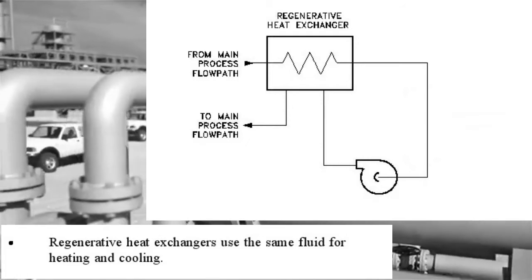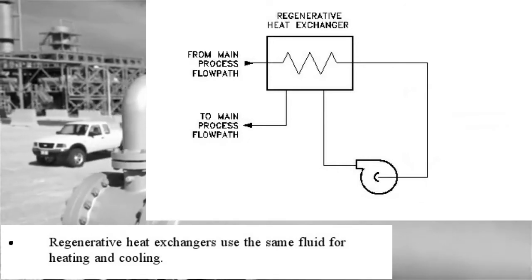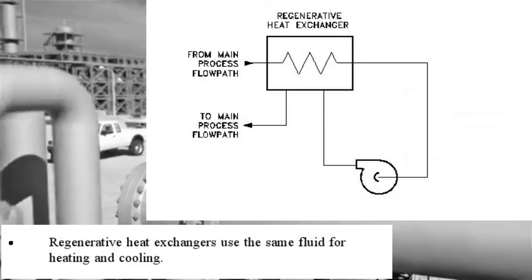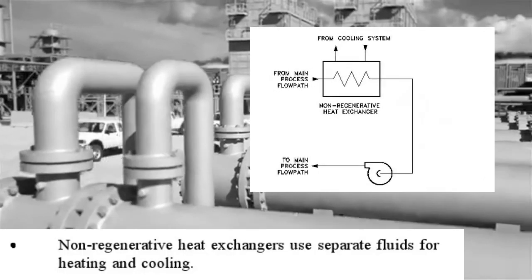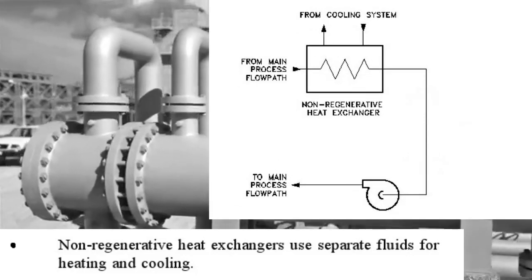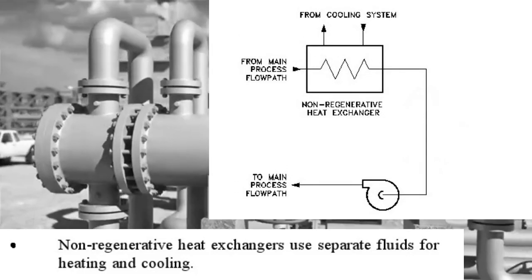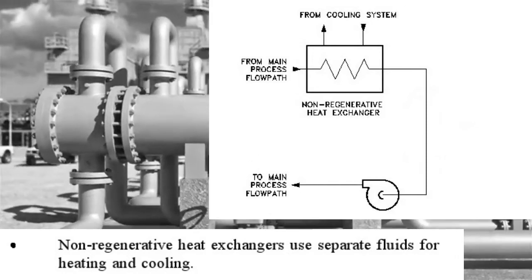Regenerative heat exchangers are usually found in high-temperature systems, where a portion of the system's fluid is removed from the main process, and then returned. 2. Non-regenerative heat exchangers. In a non-regenerative heat exchanger, the hot fluid is cooled by fluid from a separate system, and the heat energy removed does not return to the system.